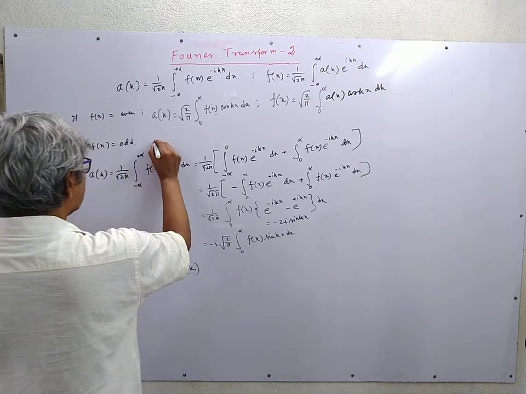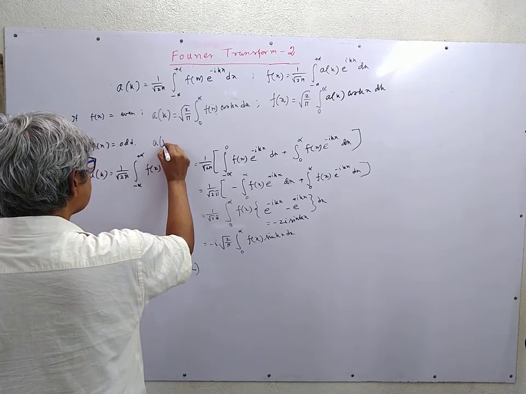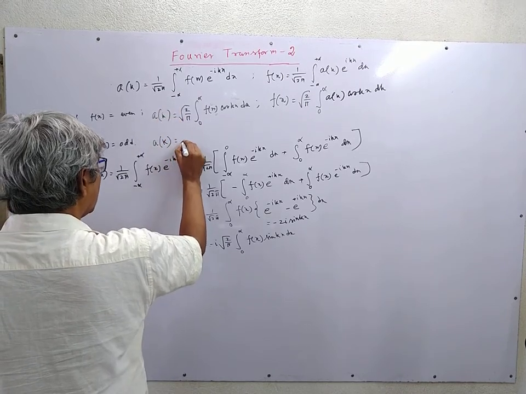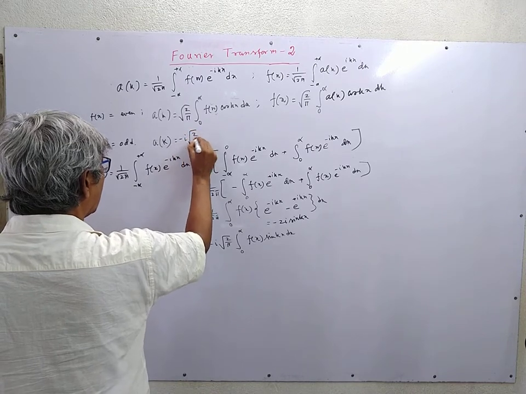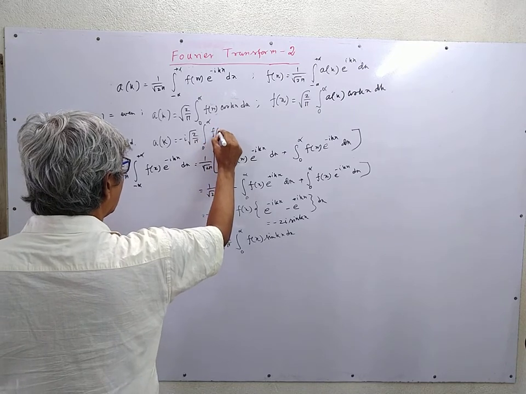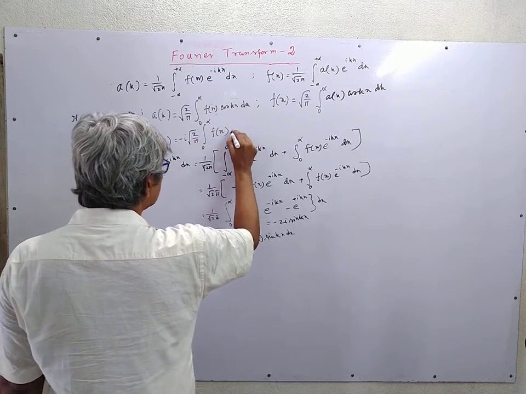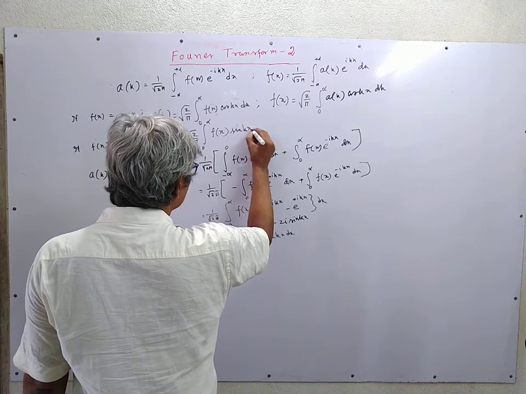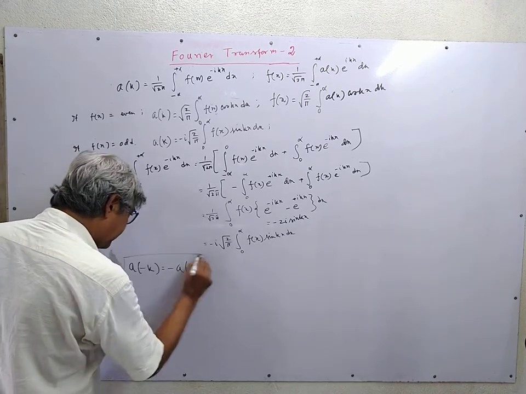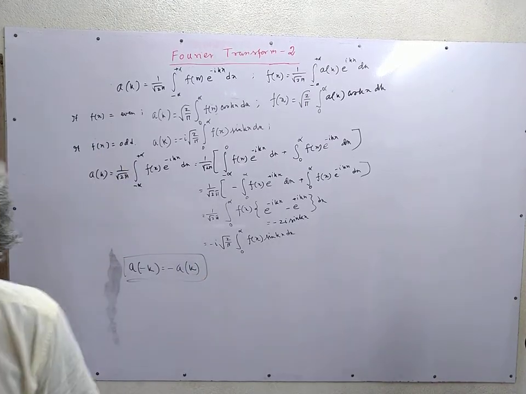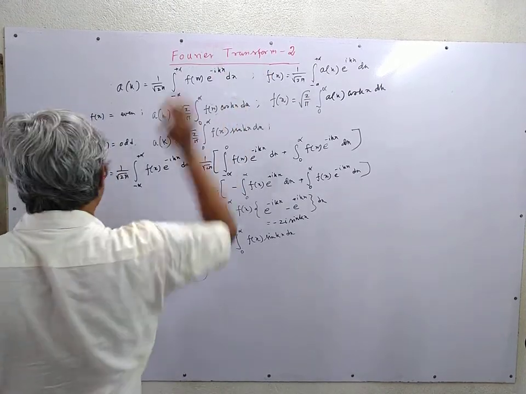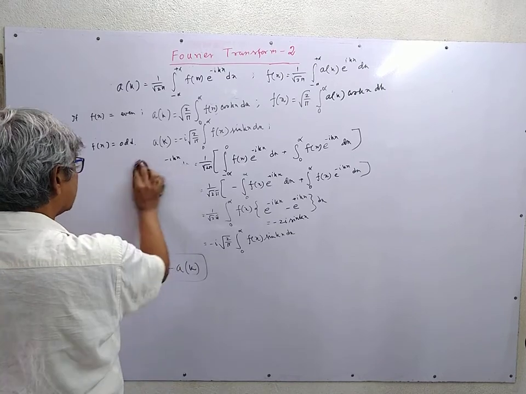So we write first this summary. Note that this quantity a of k is negative. Now we come to the definition of this f of x. What is the form of f of x?